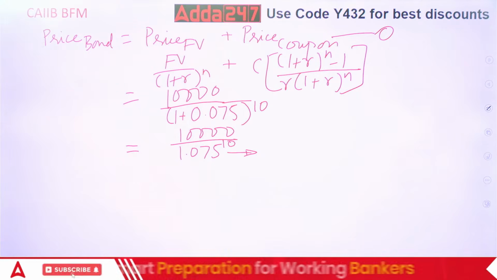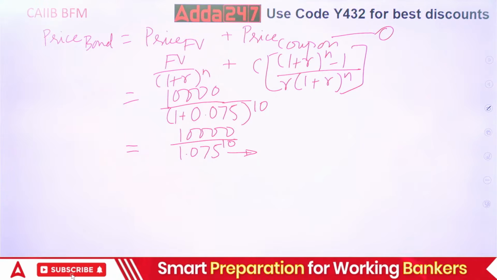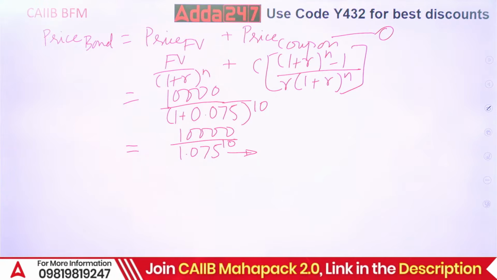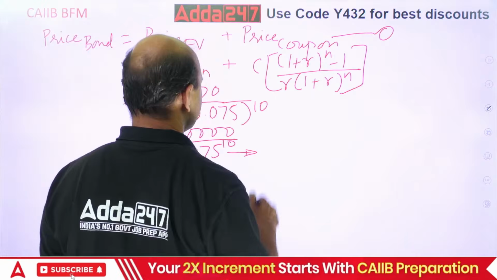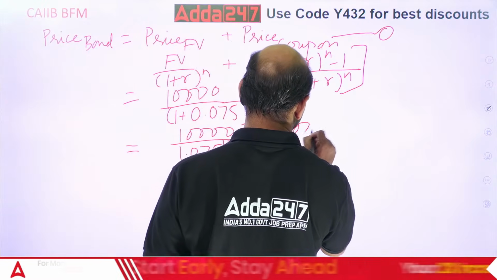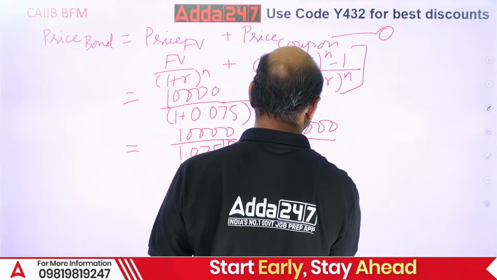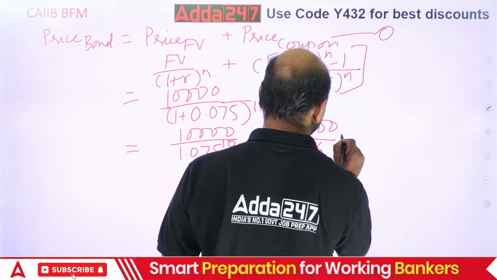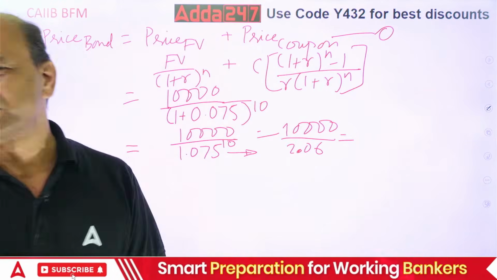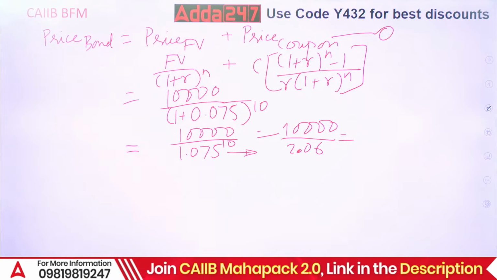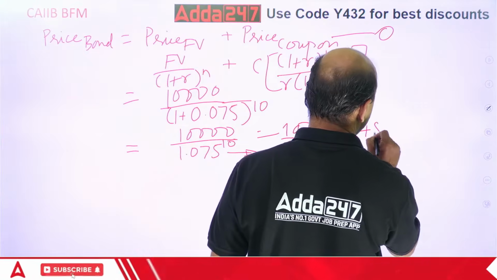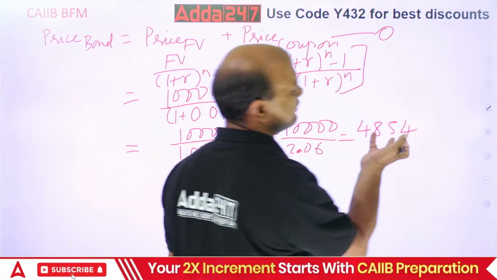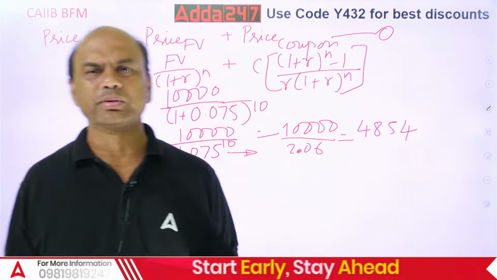So I am getting 2.061. Correct? So I am getting this as 2.06. So 10,000 upon 2.06, roughly 4,000 something you must get. 4854 you are getting, roughly the same answer. 4854. This is the present value of that zero coupon bond.